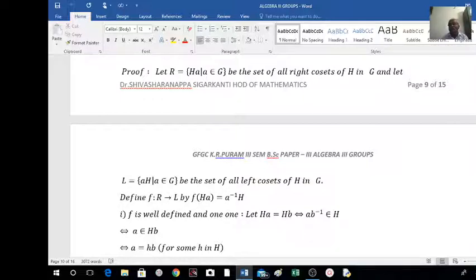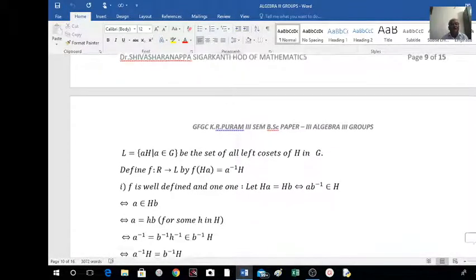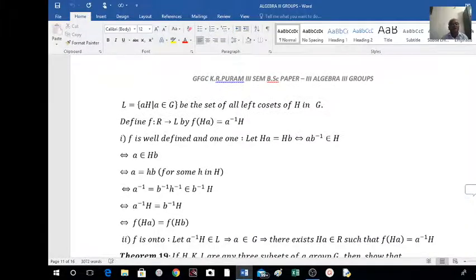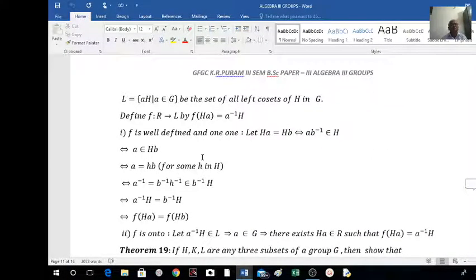First we show that the function is well defined, and then that it is one-to-one and onto. To show that the function is well defined, we have to consider HA equal to HB, and then prove that f of HA equal to f of HB. This shows f is well defined.